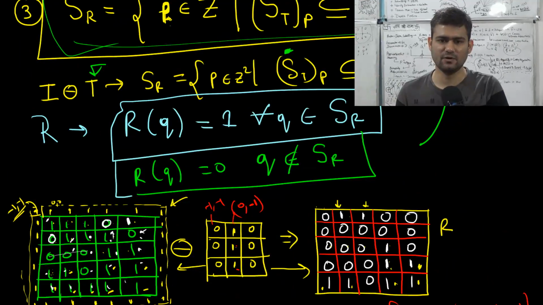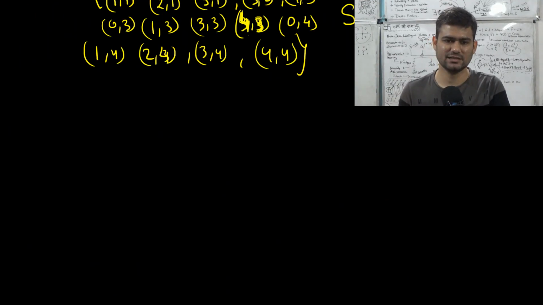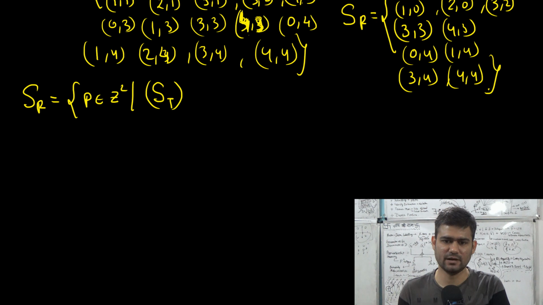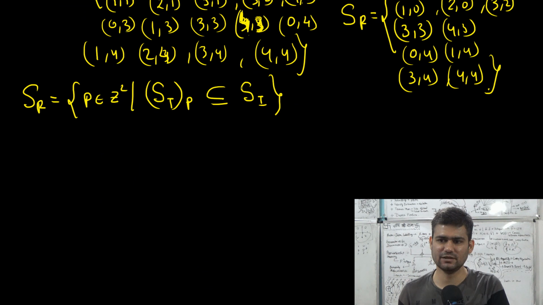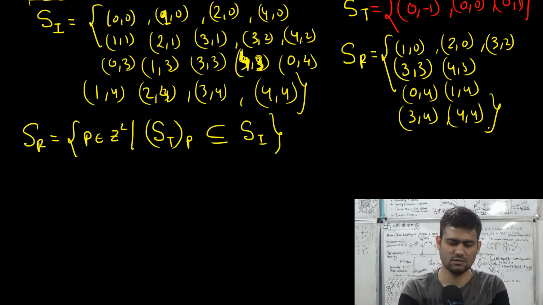Our mathematical formula says that set SR should be a set of all coordinates P such that ST translated by P is a subset of SI. Let's check whether this holds to intuitively understand erosion.